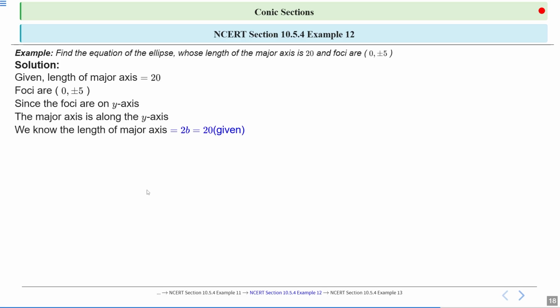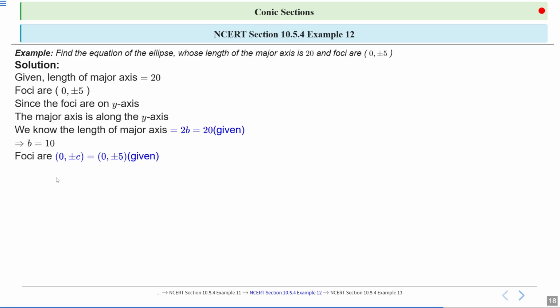And we know the length of major axis for a vertical ellipse is 2 times b. Okay, so length of major axis is 2 times b, and here this is equal to 20, which is given. So it implies b is equal to 10. Okay, so from here you will get b is equal to 10.